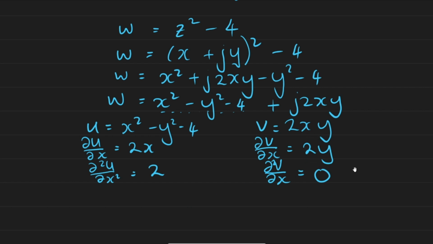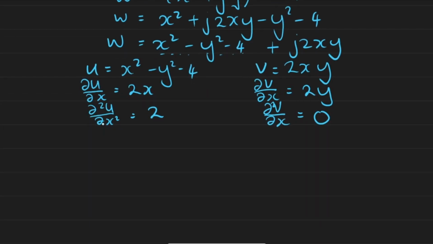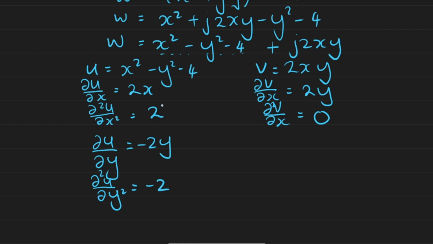We can find the same derivatives with respect to y. We have du dy, which is minus 2y, and the second derivative with respect to y is equal to minus 2. We can immediately see that 2 minus 2 gives us 0. Remember that we have d squared u dx squared and d squared u dy squared, so the sum of these two should equal 0.